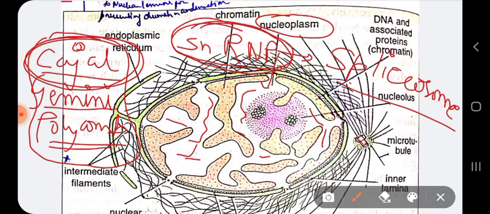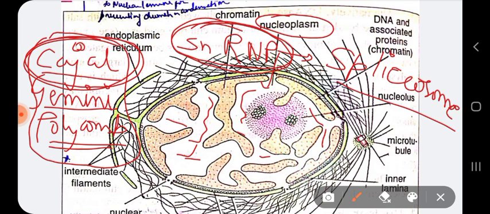Cajal bodies are the main sites for assembly of the small nuclear ribonucleoproteins, the snRNP. Cajal bodies are also called coiled bodies.